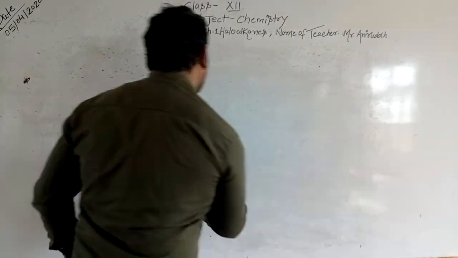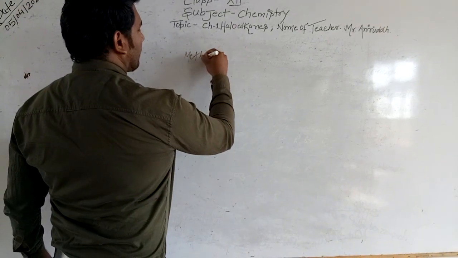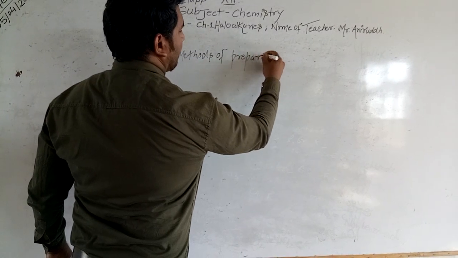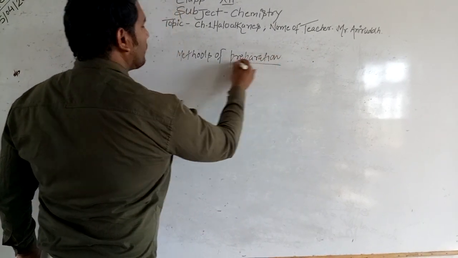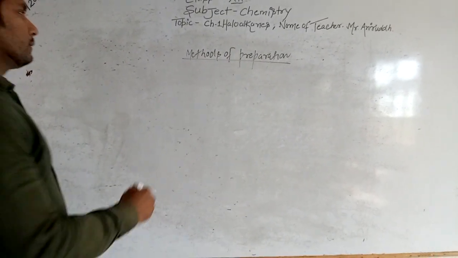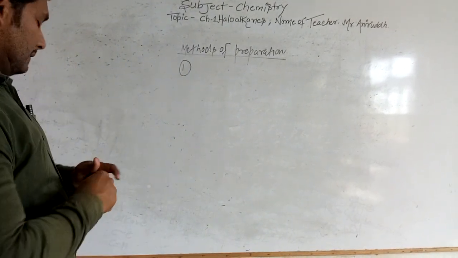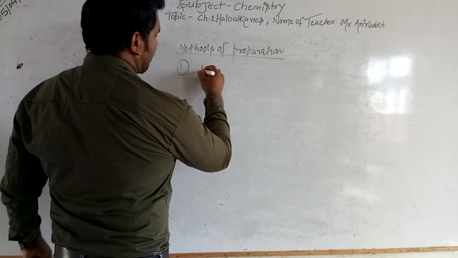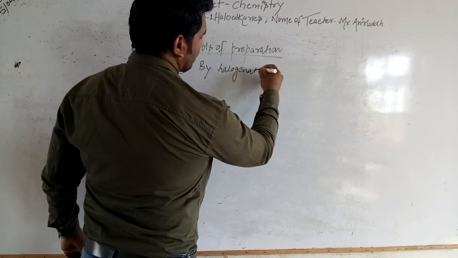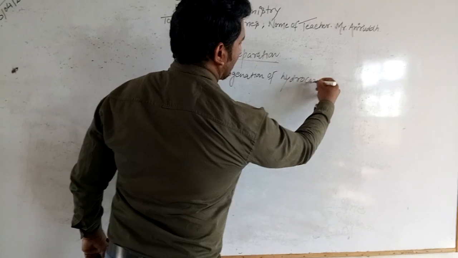Now I'm going to discuss the methods of preparation. How to prepare haloalkane. So the first process for preparing the haloalkane is by halogenation of hydrocarbon.